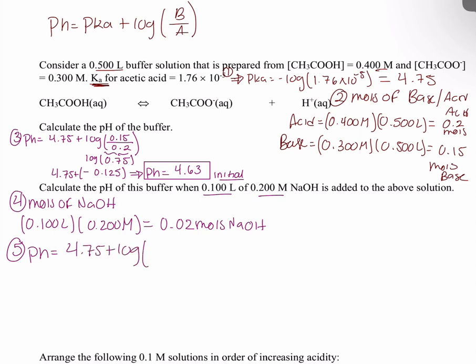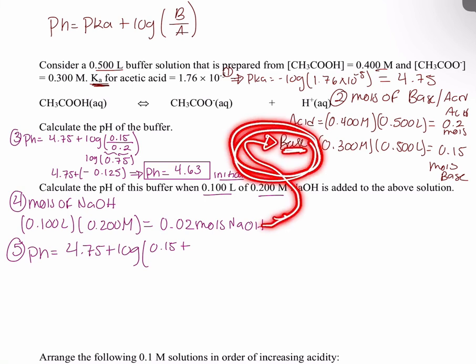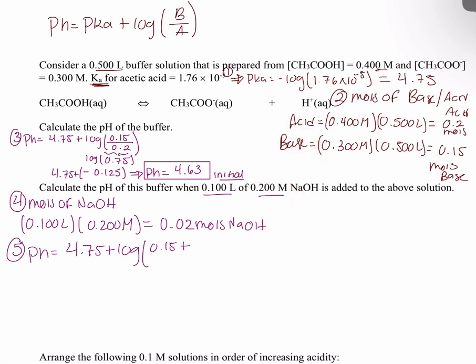And now we have the original moles of the base, which was 0.15, plus the new moles of what's being added. Because since we have a base, right? We have a base, and we're adding a base, we're going to have more of the base, right? That makes sense.